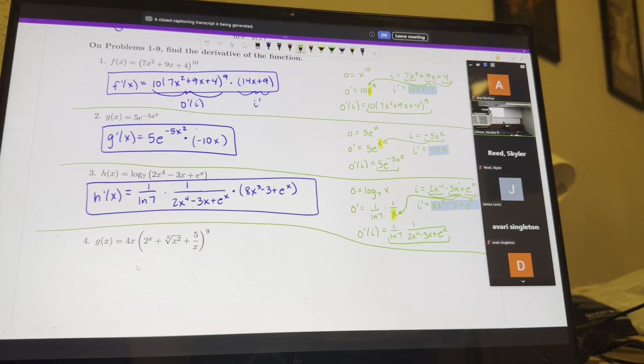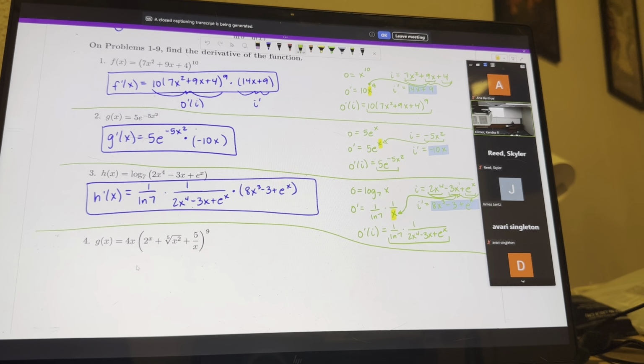All right, so 1, 2, and 3, our big picture is we have been dealing with a composite function. Okay? Now, if we're, again, being able to verbalize what it is we're dealing with, that tells us where to begin with our rules. So now, here in number 4, what is my big picture? What am I dealing with? A product, right?